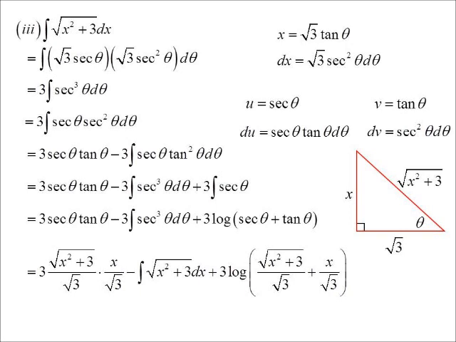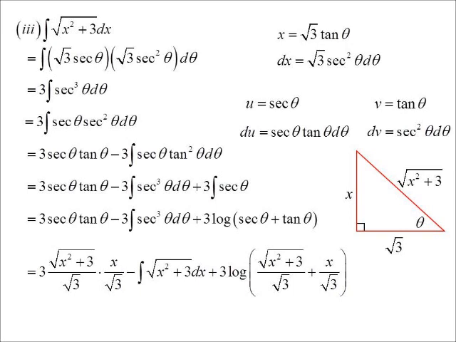Sec cubed becomes, look, 3 lots of sec cubed is equal to, go to the first line, square root of x squared plus 3. So I've just changed my 3 lots of sec cubed to be the square root of x squared plus 3. Plus 3 log sec plus tan.